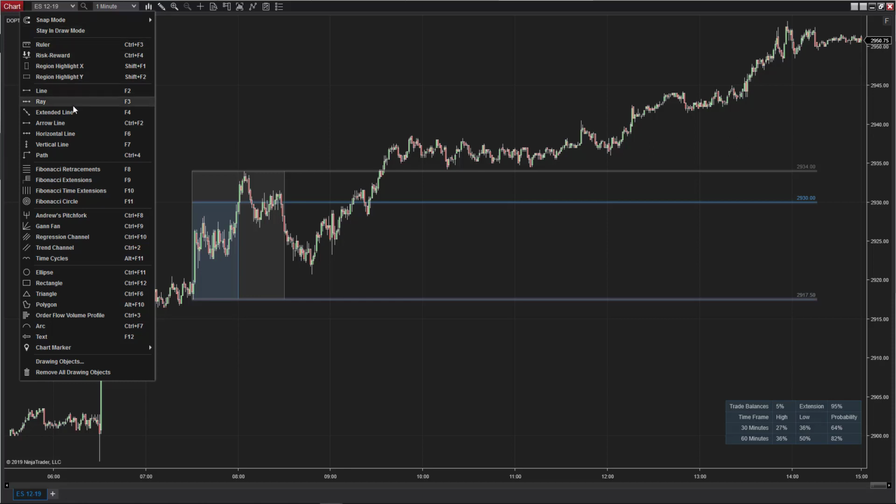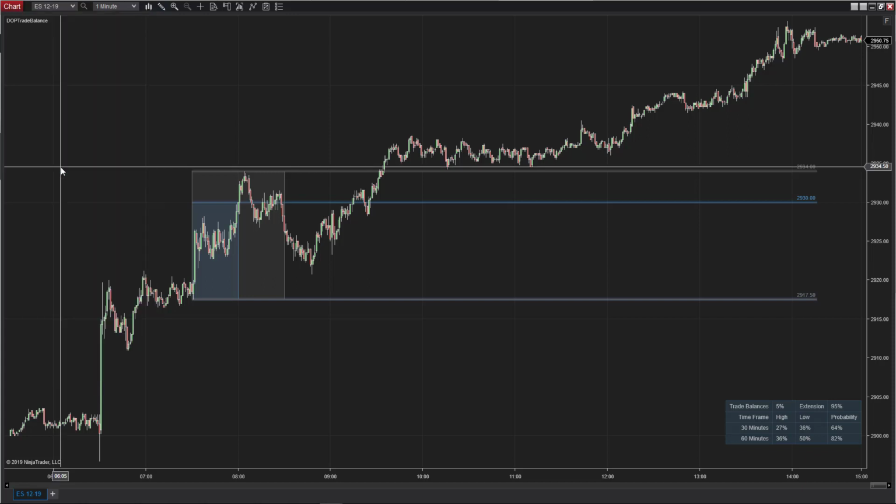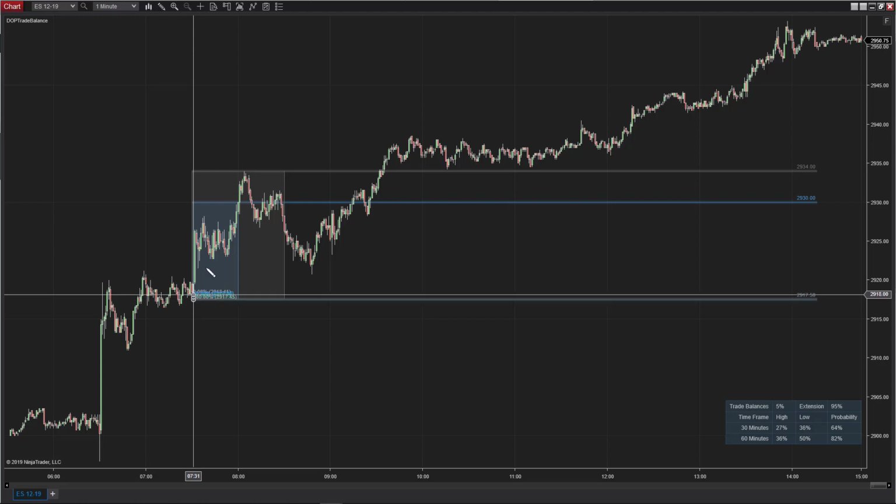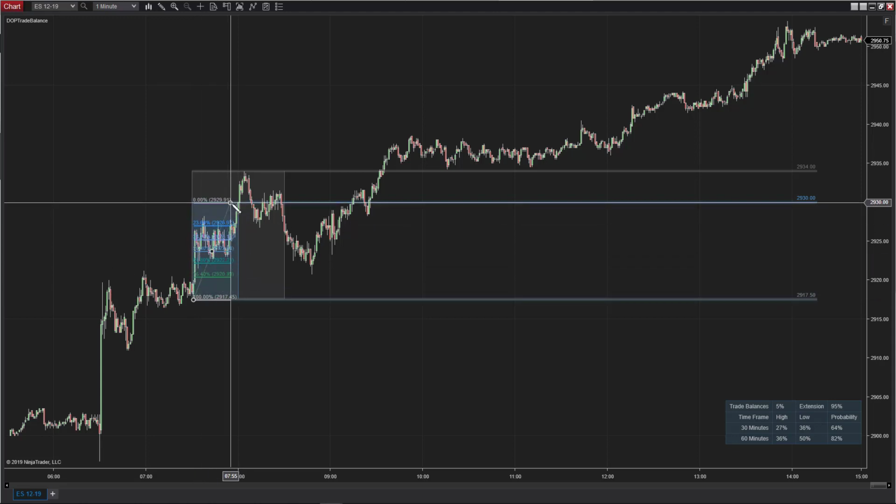As we're still in the time frame of the trade balance, we can still use this as we hit highs. Our first 30-minute high was here, and if I extend this over, we can see where the lines are. Right here, we hit this 23% retracement, and we can take that for a small profit, then come back up to this high set in the first 30 minutes.